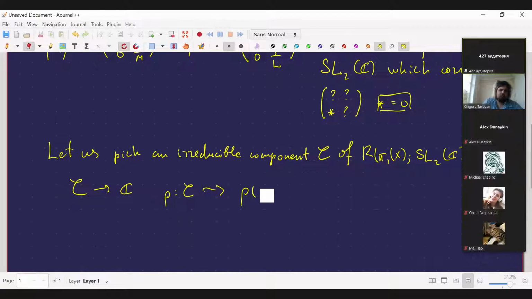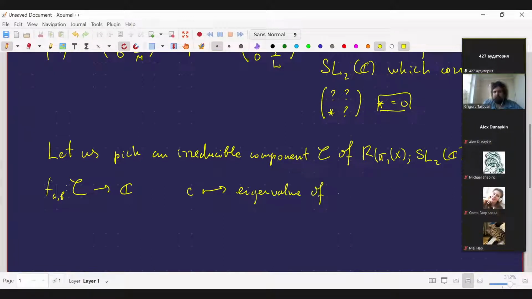So we have two integer parameters, A and B, and we map a point on the curve, which is a representation, to an eigenvalue of rho of lambda to the power of A, mu to the power of B.